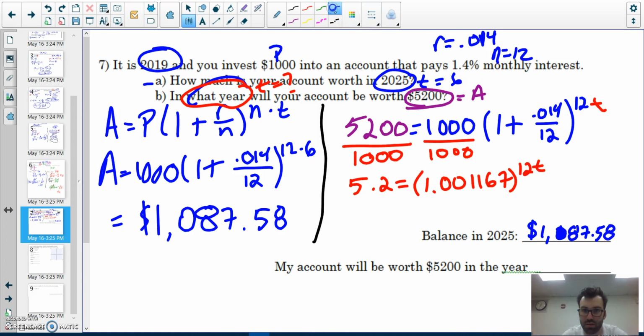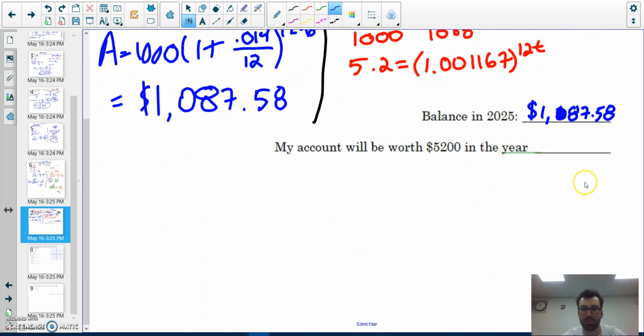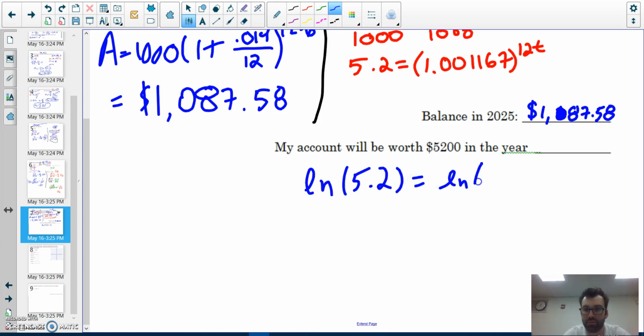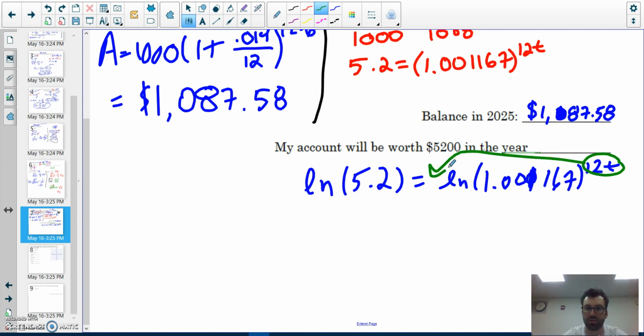Okay, so there are 2 ways you can go about doing this. I'm going to show both methods. The first way is to take the natural log of both sides. The natural log of 5.2 equals the natural log of 1.0011667 to the 12t. The reason I do this is because I have a variable in my exponent. If there's an exponent within a log, our properties say we can drop it down to the front.